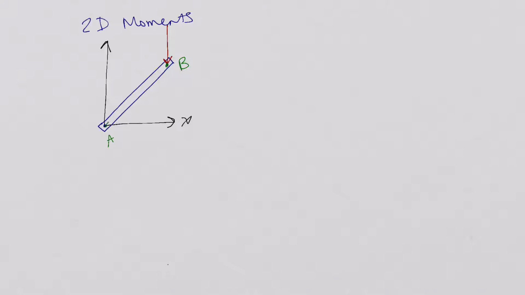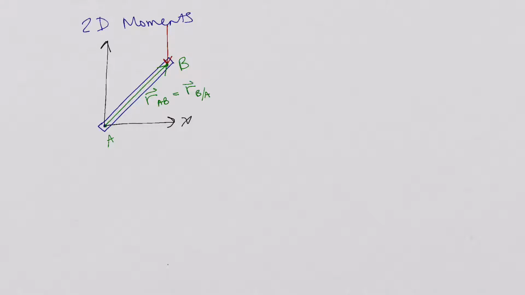This here would be the position vector AB, which also equals the position vector of B with respect to A. You can write it either way, but both mean it's going from A to B, or you're at B with respect to A. So you'll want to keep that straight.